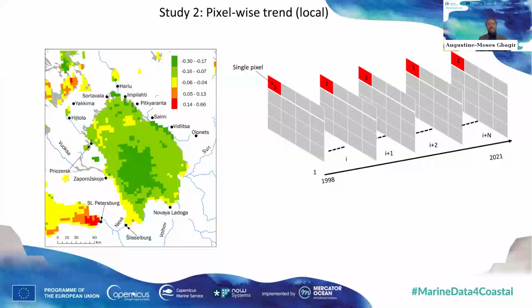If you look at the map on your left, the negative, green areas indicate that there's some improvement, with less chlorophyll-a in the water body of Lake Ladoga. The red areas show that there are high quantities, and the yellow areas indicate that there's more or less no change.